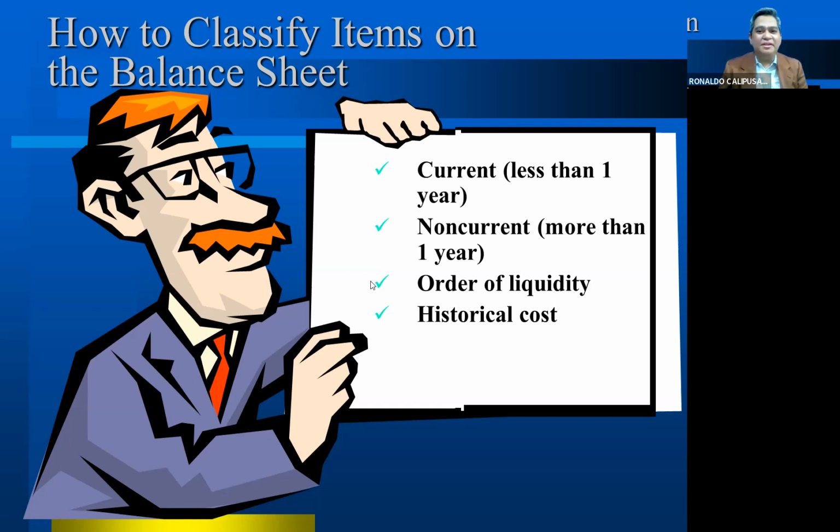Does that supplier expect to be paid in less than 1 year or more than 1 year? Of course, less than 1 year. If you pay after more than 1 year, the supplier will probably not give you any vegetables anymore, right? So since accounts payable is expected to be paid in less than 1 year, is it current or non-current? What do you think?